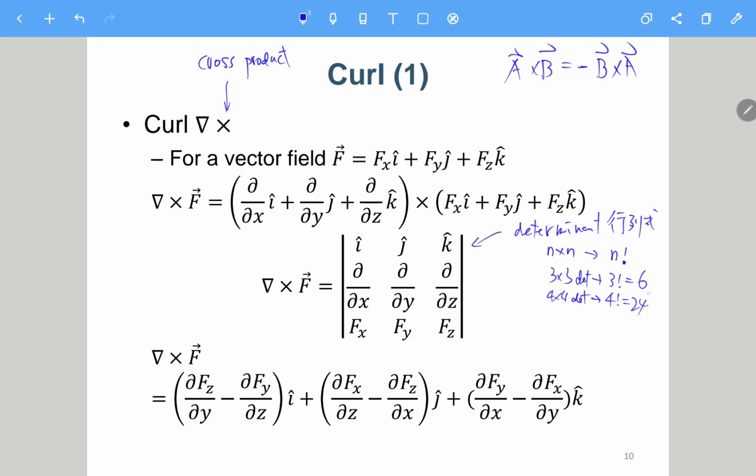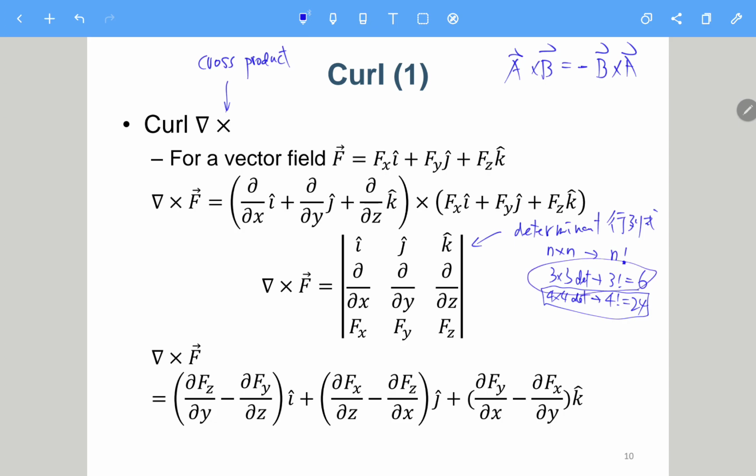So usually we will not calculate a 4 times 4 determinant by hand, except in some special cases where many of the terms might be 0. But generally, only up to 3 times 3 determinants can you calculate by hand.